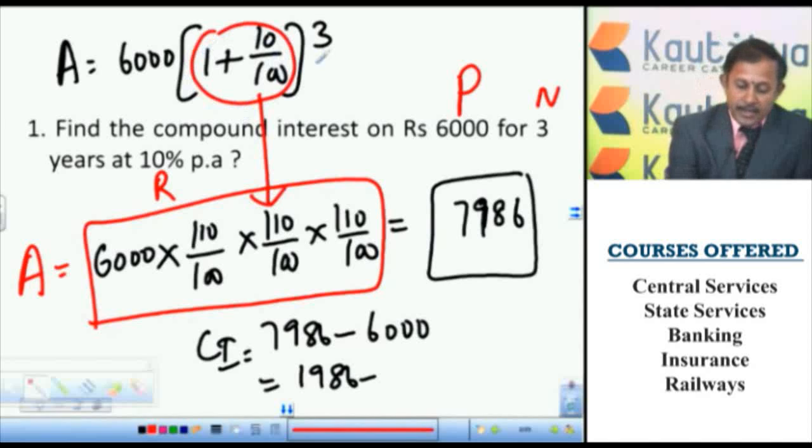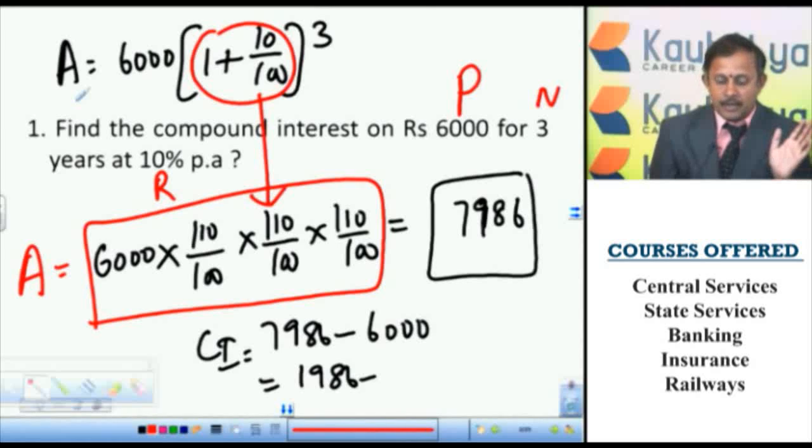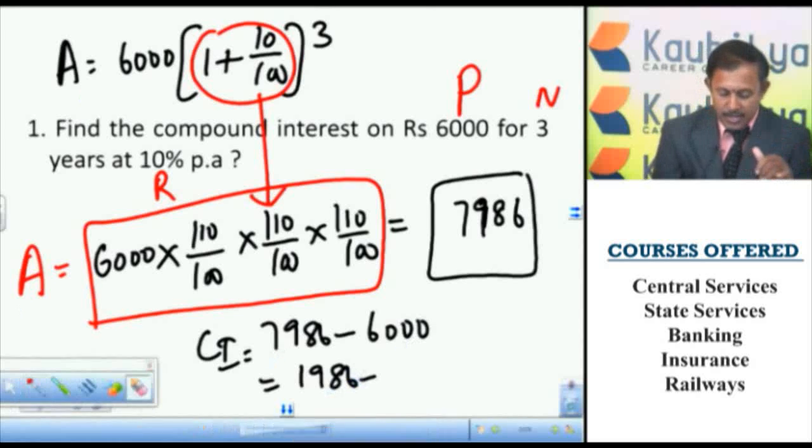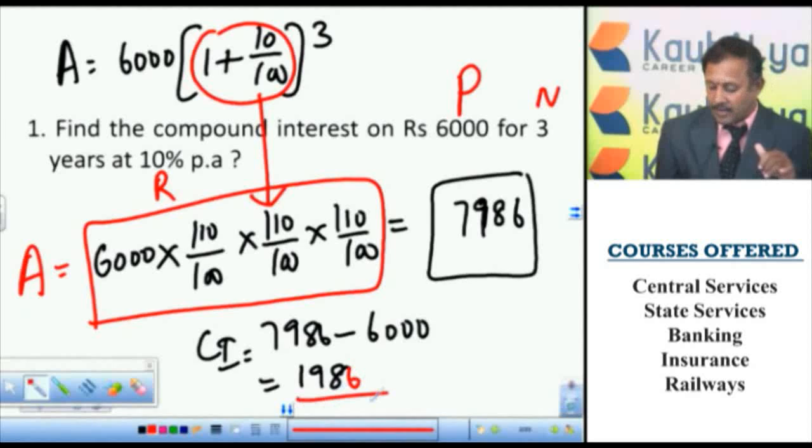So remembering the formula is not that much required. Even without remembering the formula, we can go for the calculation part. So we can get the amount as 7,986, that amount minus principal value, that gives the compound interest, right? So here the compound interest is equal to 1,986 rupees, right?